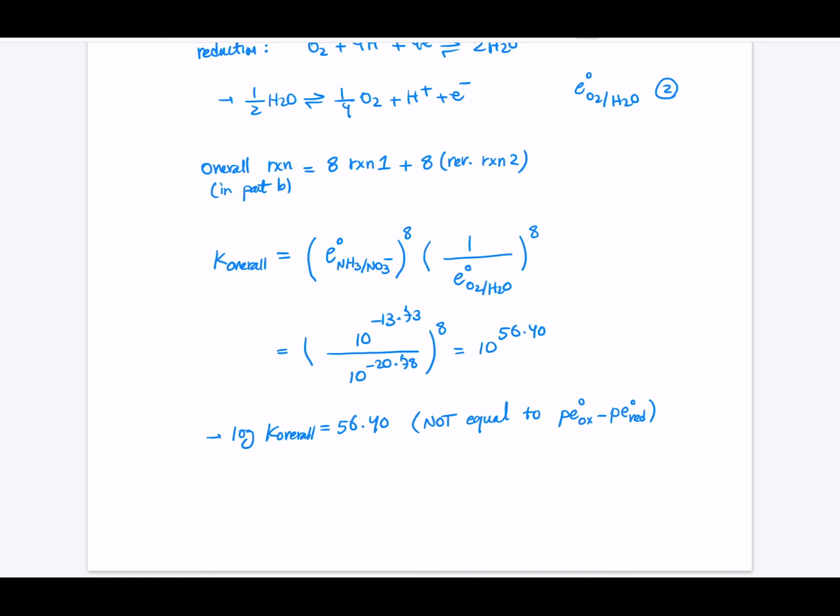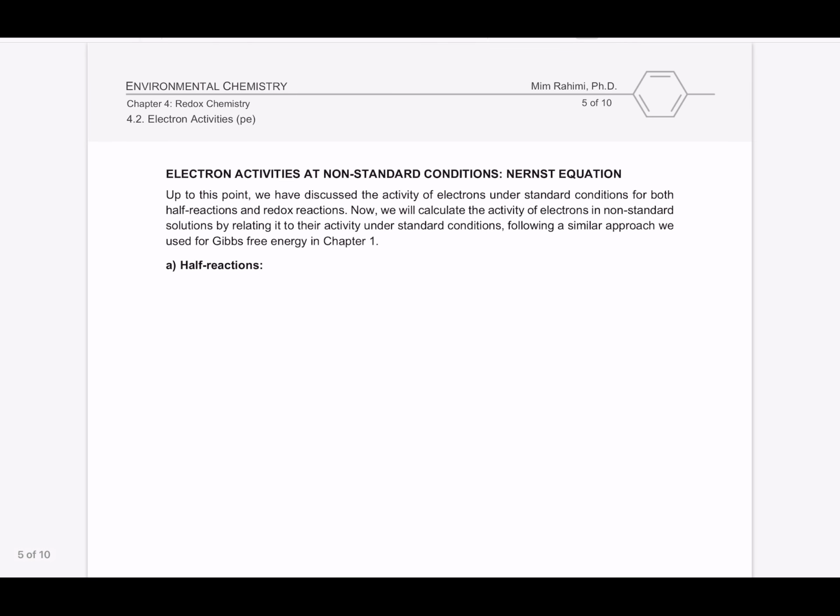So here it would be basically the same. We're going to describe electron activity at non-standard condition for both the half reaction and then the overall redox reaction. Logically it would be similar to what we did for delta G. It's basically the deviation from standard condition.